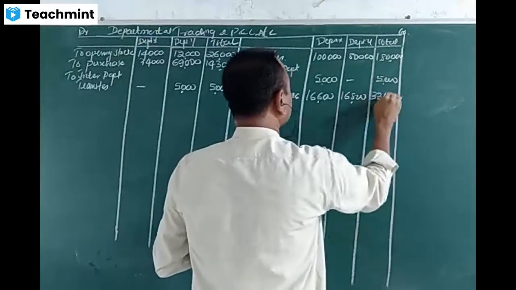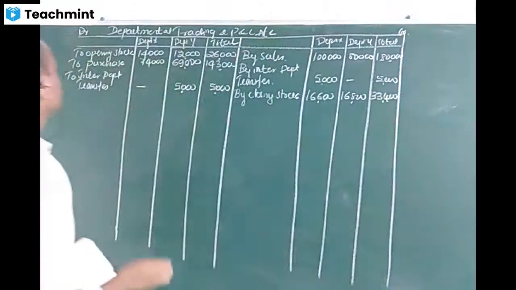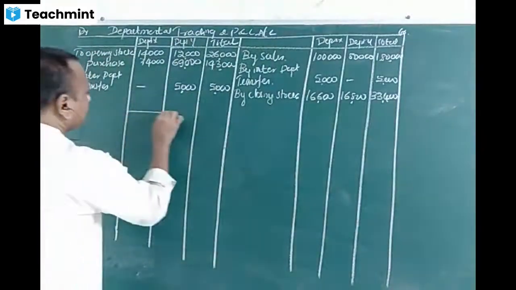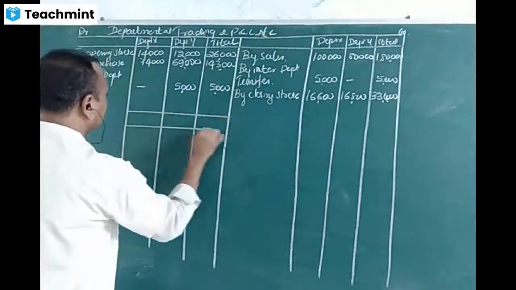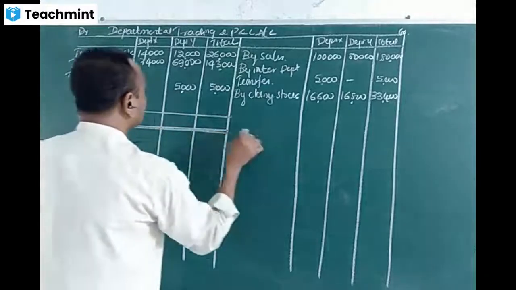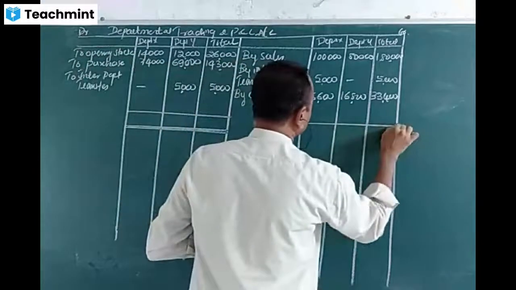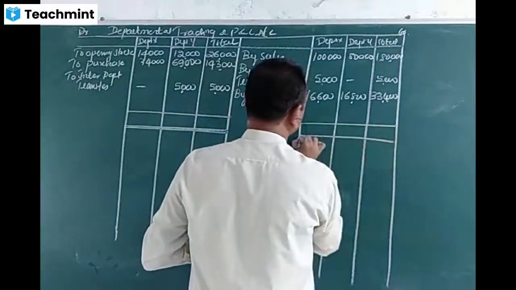Okay, 33,400. So after entering the trading adjustment, we must total the trading account.